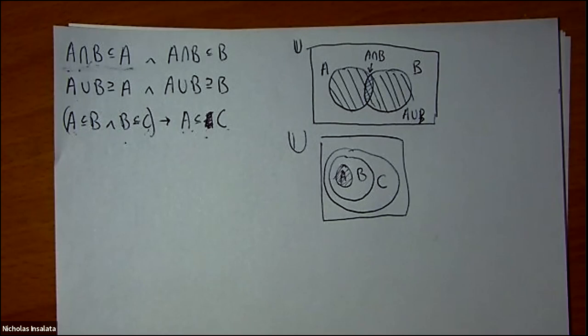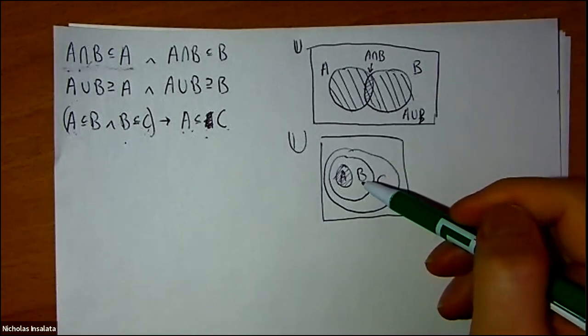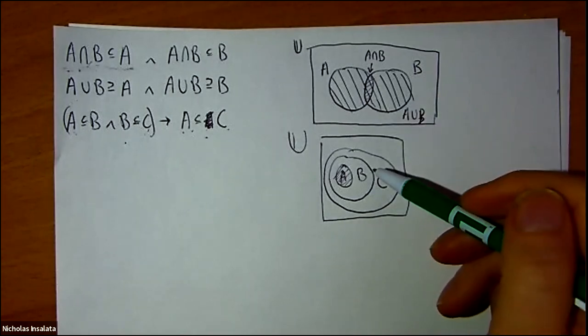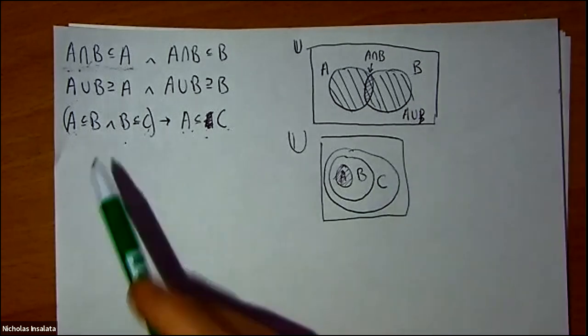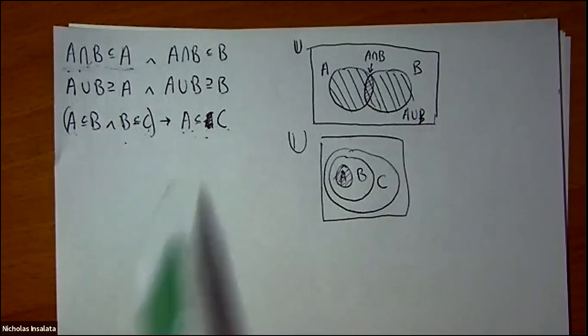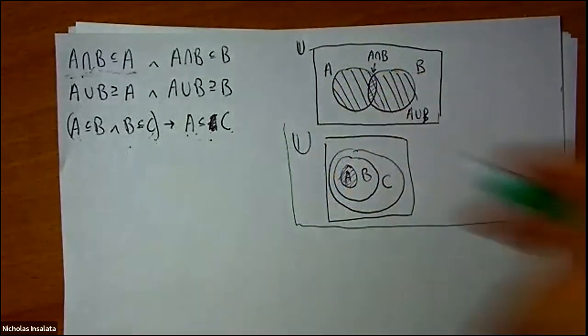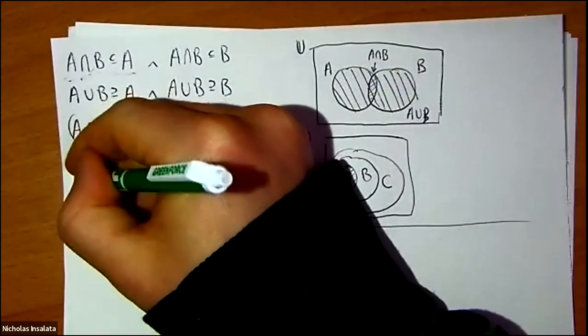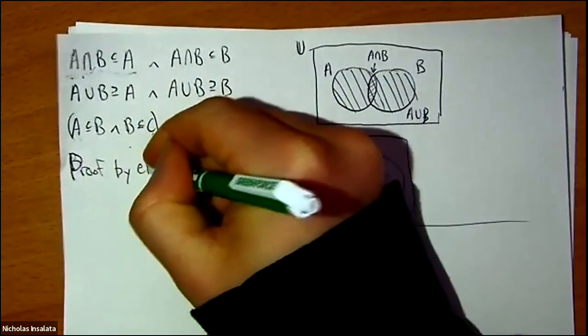We can also prove these statements in another way. So this is a proof by diagram, a proof by Venn diagram, but we can also use a proof by elements. So let me do one example of a proof by elements. Let's do this third one. So rather than a visual proof, we'll do a proof by elements.